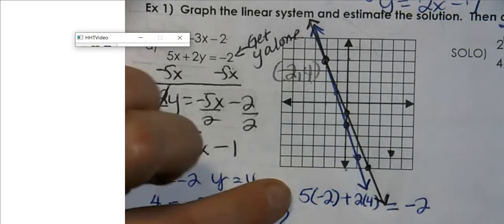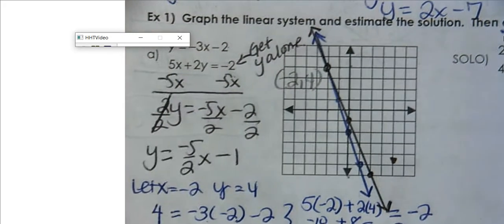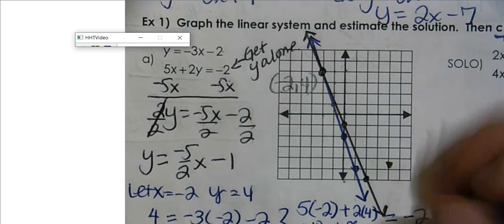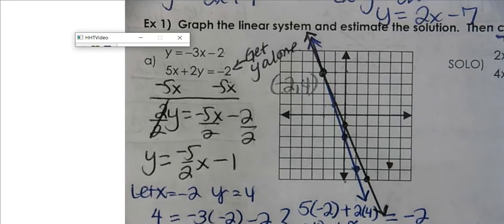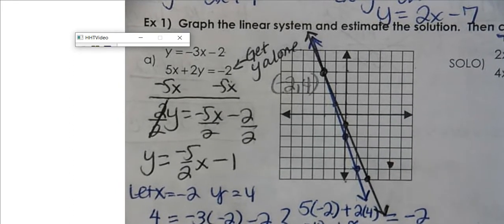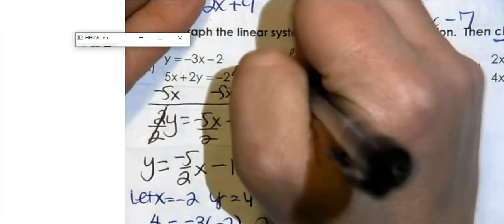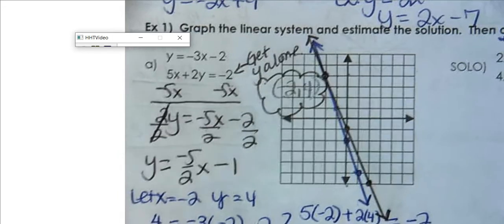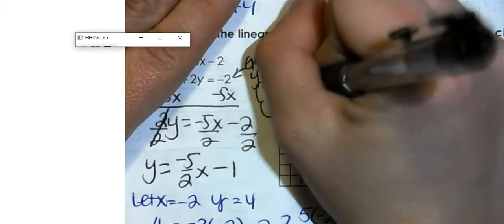So this is negative 10 plus 8 equals negative 2. And that is true. Negative 10 plus 8 does indeed equal negative 2. And because I showed that negative 2, 4 works for both equations, we must conclude that negative 2, 4 is indeed the solution to our system.